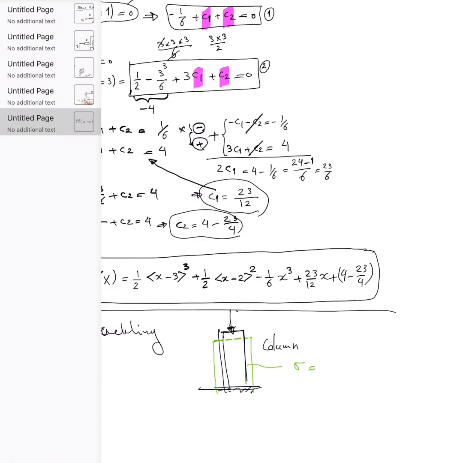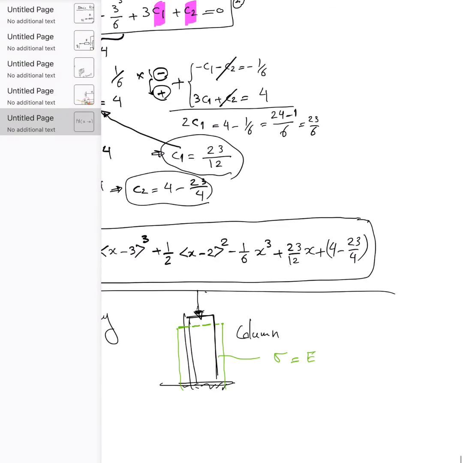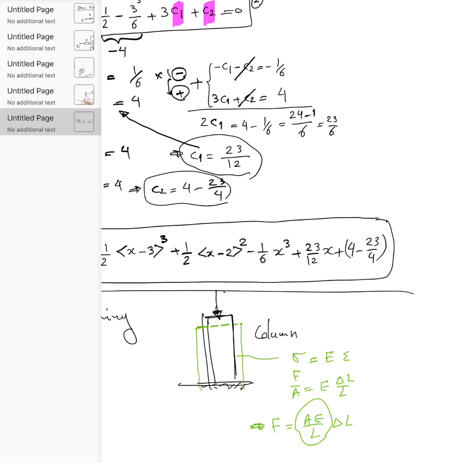The normal stress is equal to E epsilon, and we could say it is equal to F over A, E delta L over L, and then you can simply write F is equal to EA over L delta L. So this is going to act like a spring because force is proportional to the deflection, and this is agreeing with the physics, because I know that if I apply a little bit of force to this column, it's going to go under some compression like that.